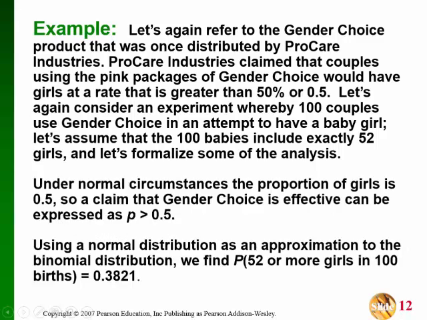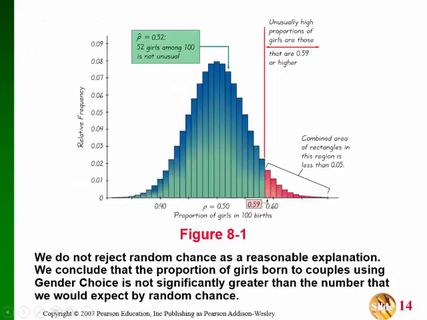They took this example a little bit differently from what we did. They had a claim that p is bigger than 0.5. Our claim was p is equal to 0.5. So their example is a little bit different, and I'd encourage you to take a look at this in a lot more detail so that you can do a comparison.